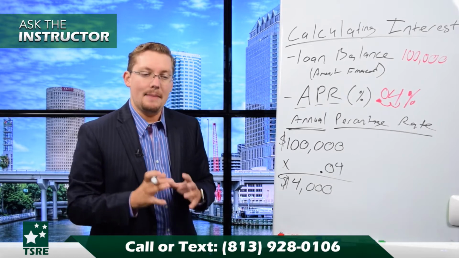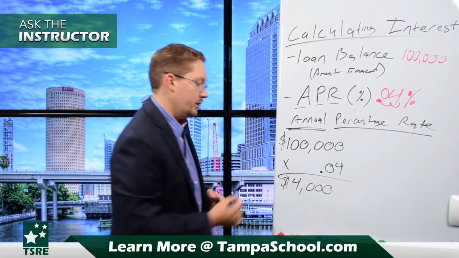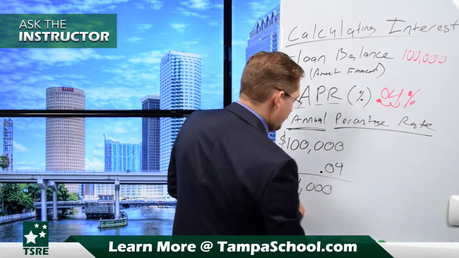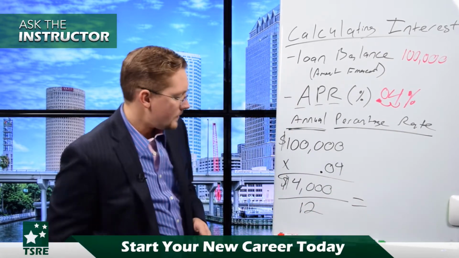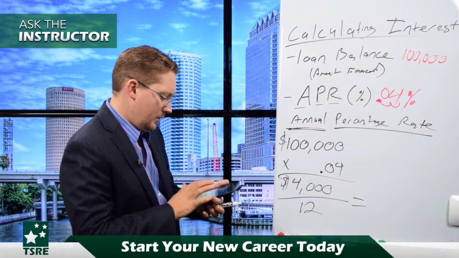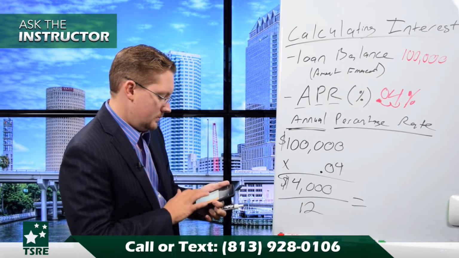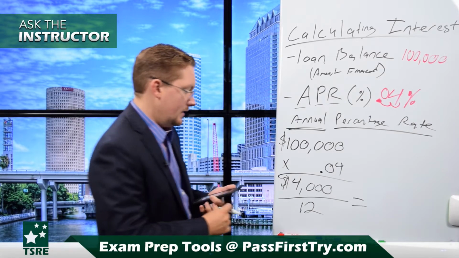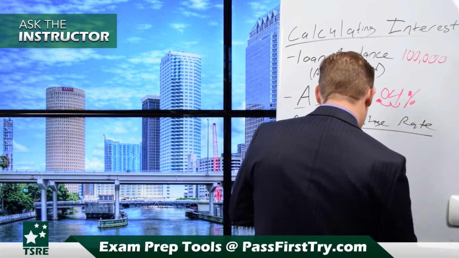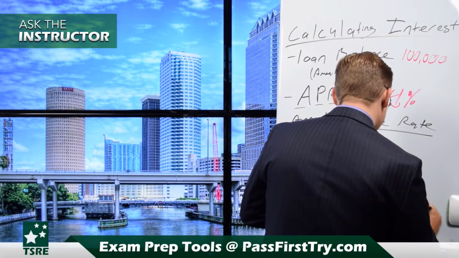But when this is compounded monthly, what you'd be doing essentially is taking this $4,000 and dividing that by 12. So when we pop that in our calculator, we take the $4,000, divide that by 12, and we get roughly $333.33.